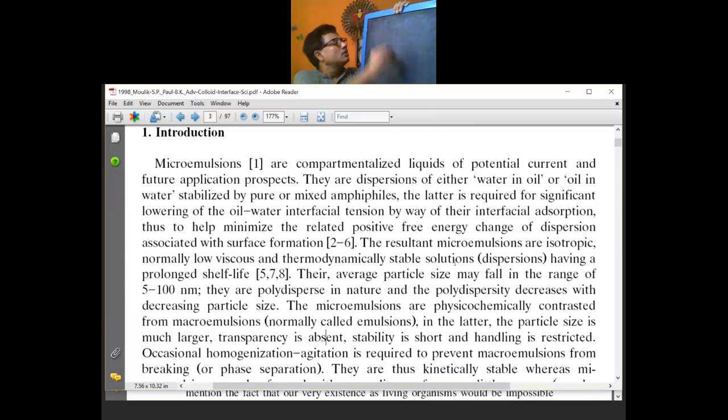Depending on the solvent, depending on the HLB value, now we are familiar with the term HLB value, and depending on the packing parameter, they can form a regular micelle where the hydrophilic head groups are oriented outwards and the hydrophobic hydrocarbon tails are oriented inward, so that the hydrocarbon chains can avoid direct contact with water.